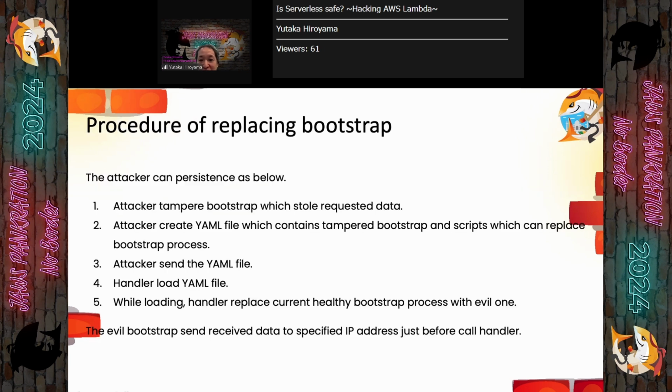So let's describe it in more detail. Attacker creates an input data file for the handler program and loads it. If this attack succeeds, the bootstrap process is replaced by an evil process.